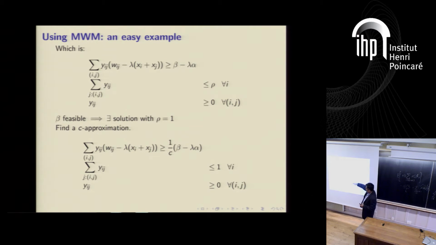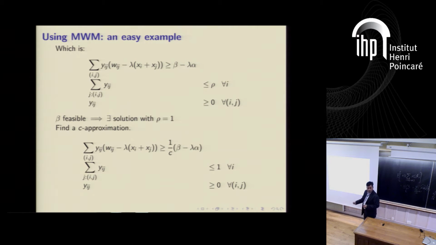So suppose you gave me a c approximation. Think of c as 10 or 20 or 200, doesn't matter. If you give me a maximum matching which is a 1 by 200 approximation, then you would be giving me a solution of this problem. All right. You give me a solution to this.